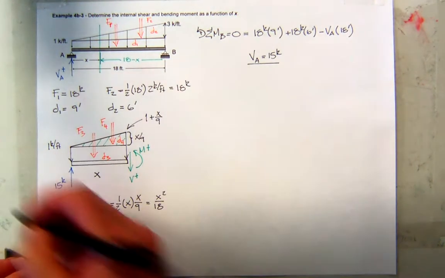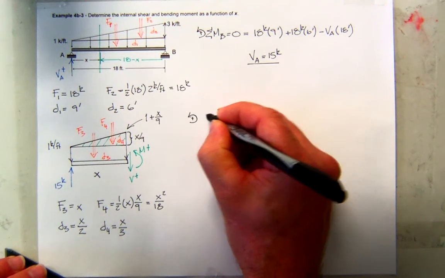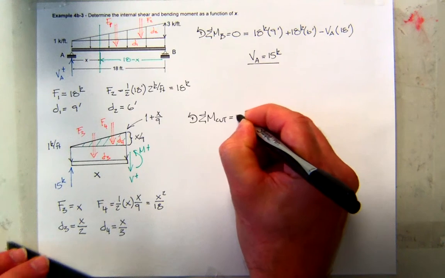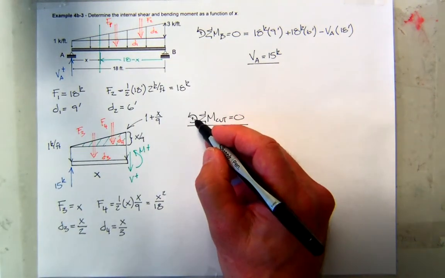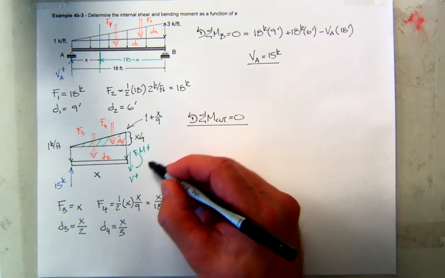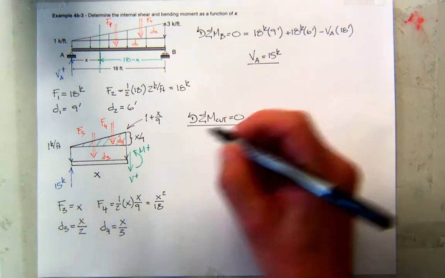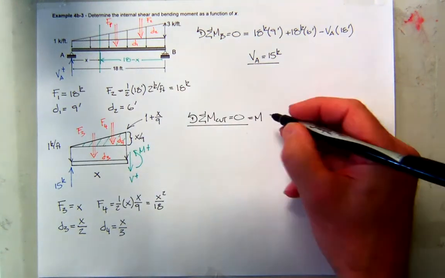So now with all this stuff, I should make sure this is in equilibrium. So I'll come back and sum moments at the cut and make sure it's in equilibrium. And I'm going to use the right-hand rule. With that sign convention, this moment is positive. F4 and F3 will also be positive.